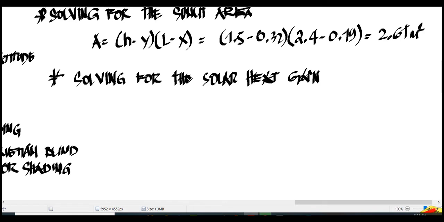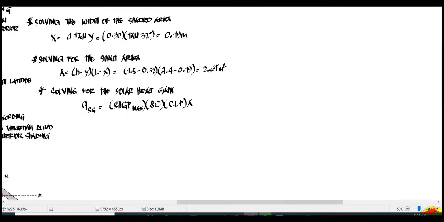Then solving for the solar heat gain, bringing down the equation: the solar heat gain factor for a single sheet of clear glass multiplied by the shading coefficient, the cooling load factor, and the area.